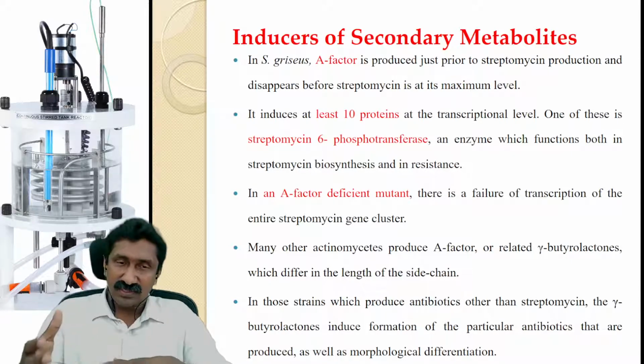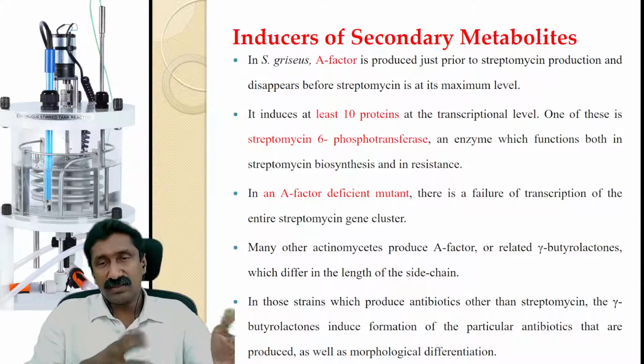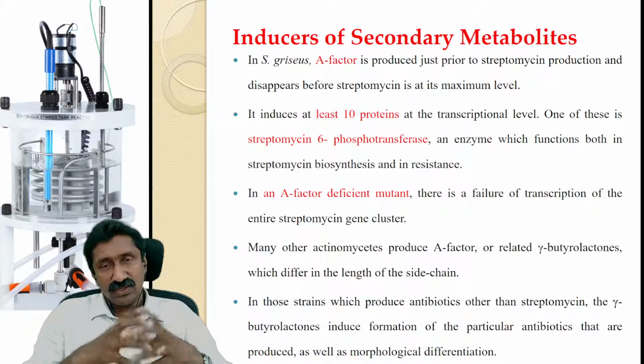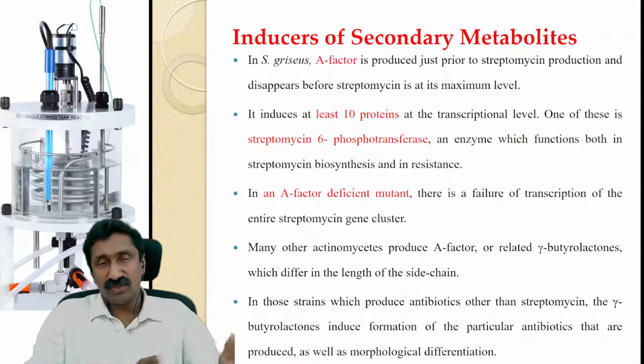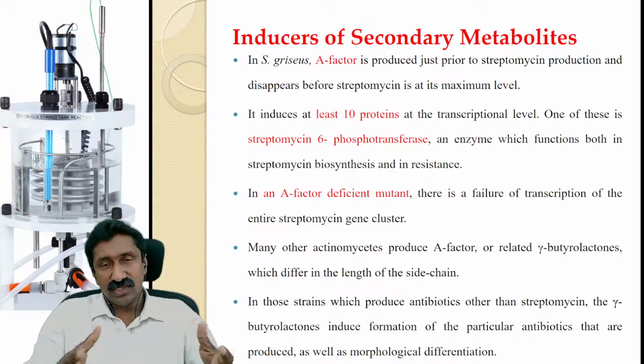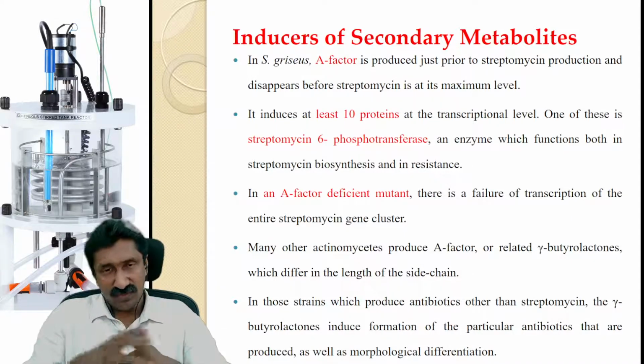We have various other organisms which may produce other types of antibiotics. So in that case, they will have their own role. Such respective gamma butyrolactones will again result in their morphological differentiation and production of the concerned antibiotic.